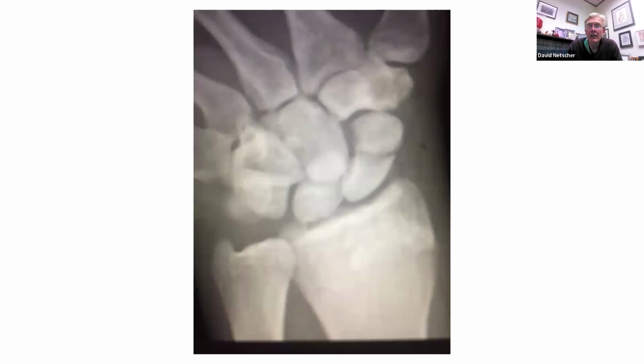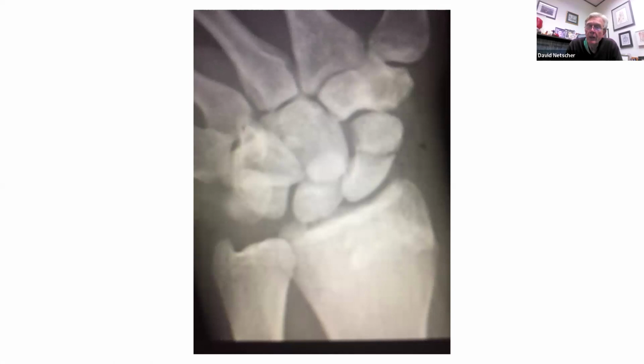X-ray 10 days later, now we see the fracture because we've got lucency in the fracture line. Now what are we going to do? It's a non-displaced fracture. I would probably, even in an elite high school athlete, err in favor of not operating, because this is a mid-waist fracture.